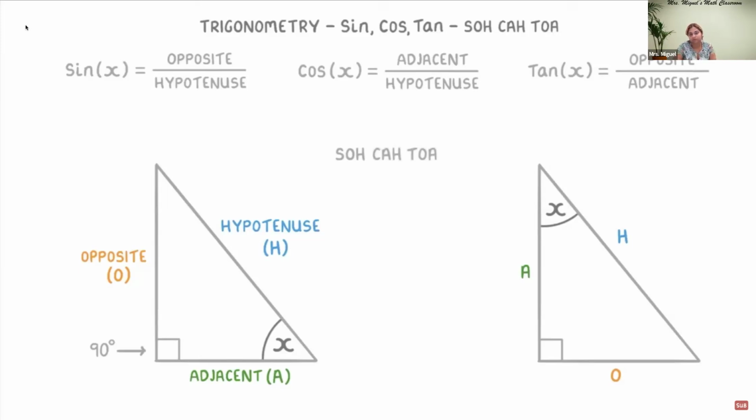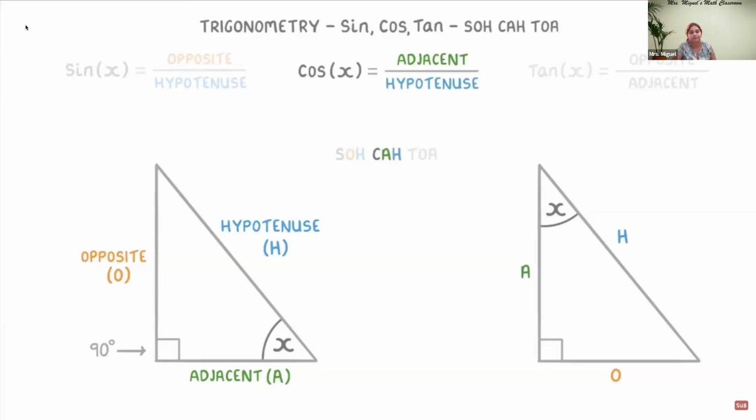For example, if we look at SOH, the S stands for sine x, the O stands for opposite, and the H stands for hypotenuse. So we know that sine x equals opposite over hypotenuse. Meanwhile, for CAH, the C stands for cos or cosine x, the A stands for adjacent, and H stands for hypotenuse.